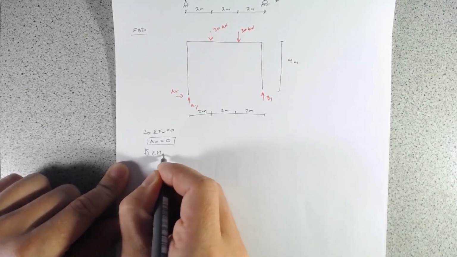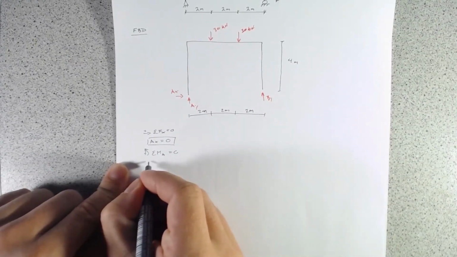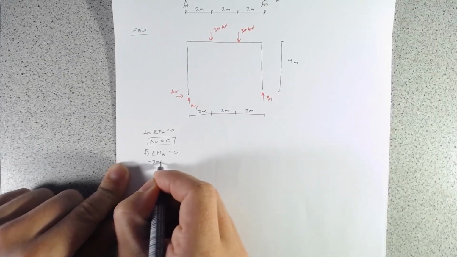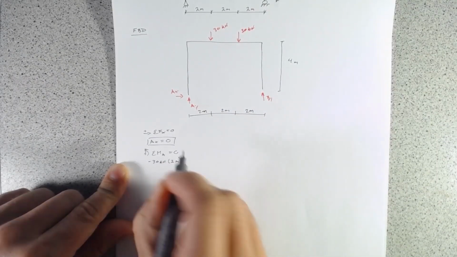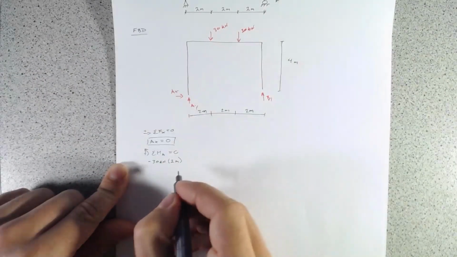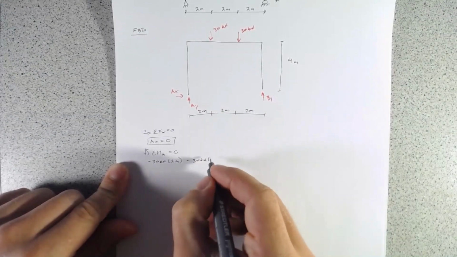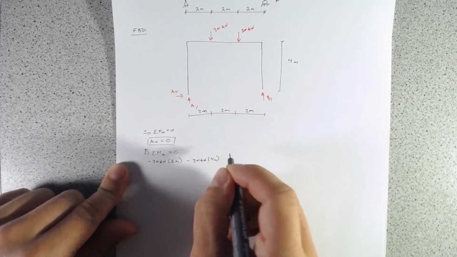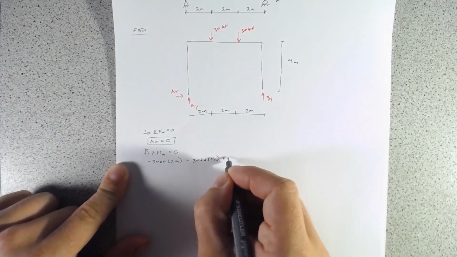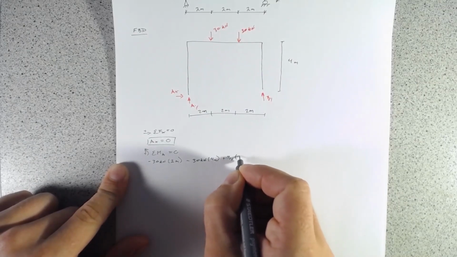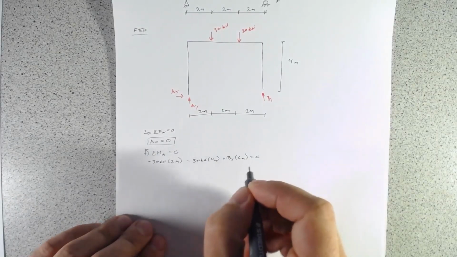So the sum of moments about A equals 0, and so what do we have? We have a negative 30 kilonewtons times 2 meters, because it's spinning clockwise, minus another 30 kilonewtons times 4 meters, and then because BY is going counterclockwise, we have plus BY times 6 meters, and all of that equals 0.